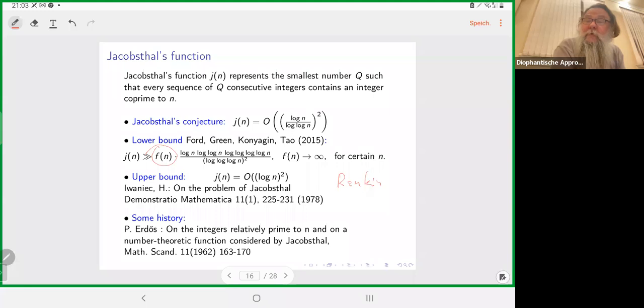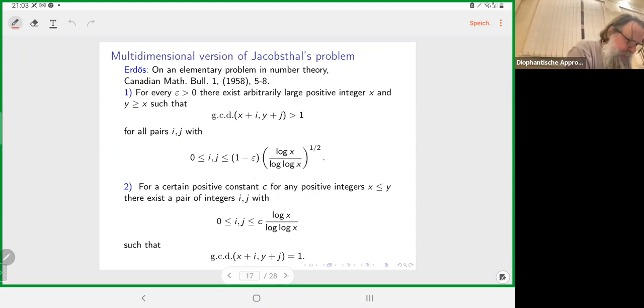But if we deal with multidimensional analogs of similar problems, then the situation becomes easier, but not very much easier. If we stay in analytic number theory, we can find a simple and beautiful paper by Erdős, which was not improved up to now.